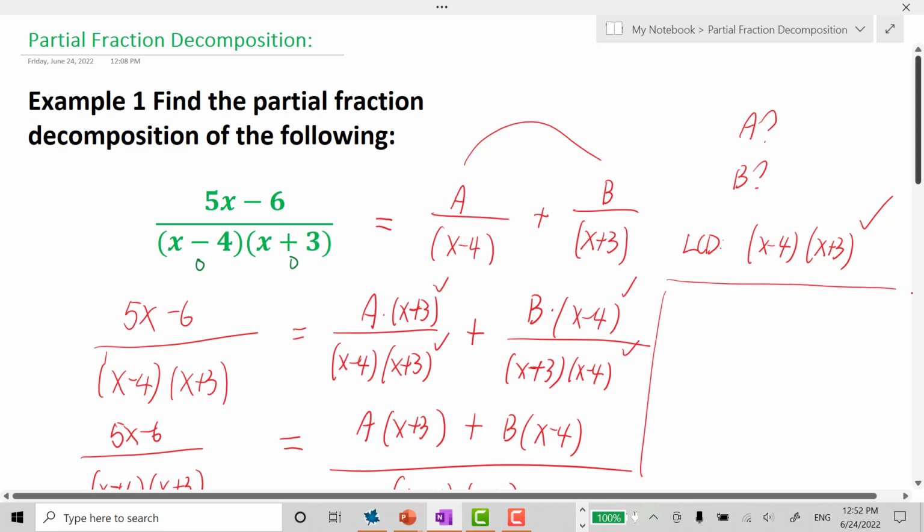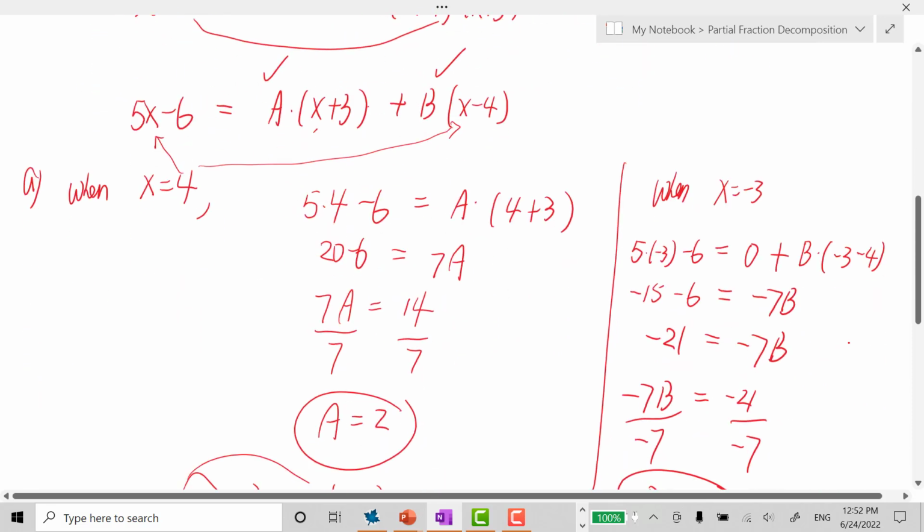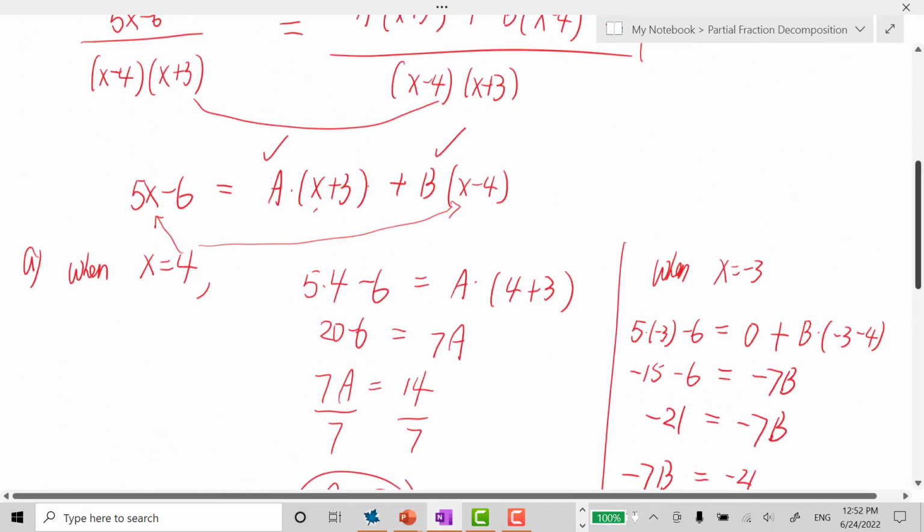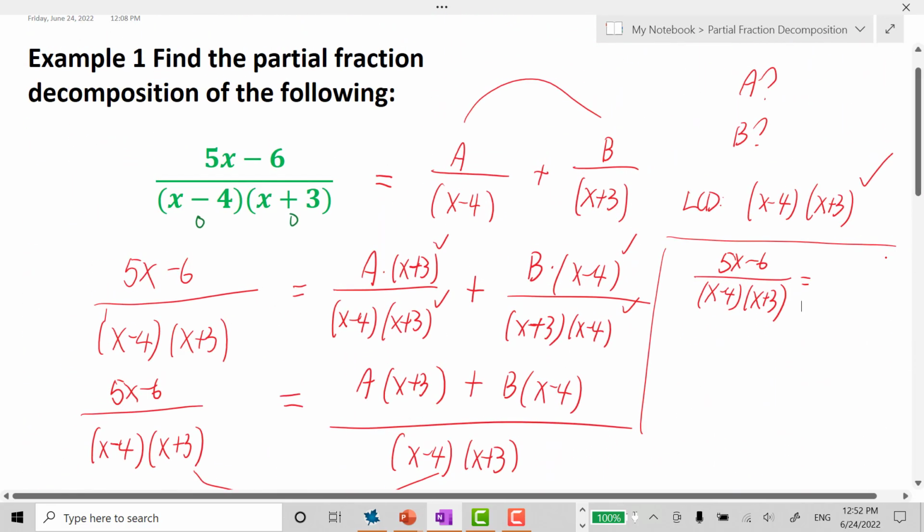The final result here is (5x minus 6) over (x minus 4)(x plus 3) must be equal to, a is equal to 2 and b is equal to 3. So that's equal to 2 over (x minus 4) plus 3 over (x plus 3). And this is our result.